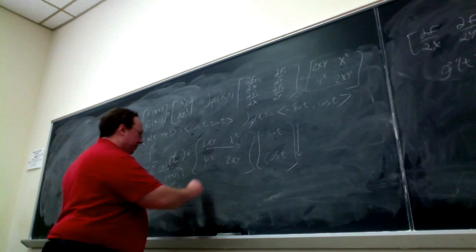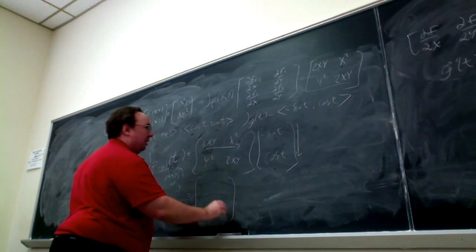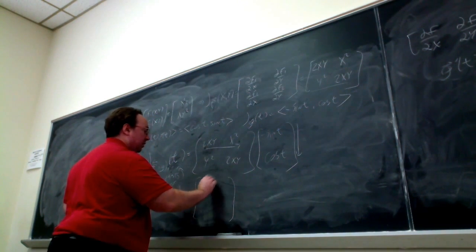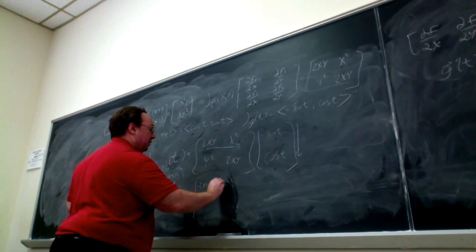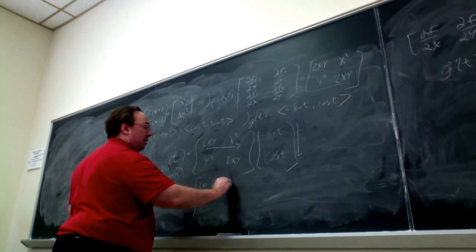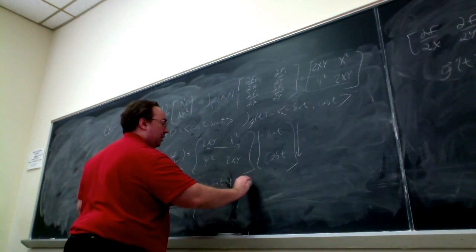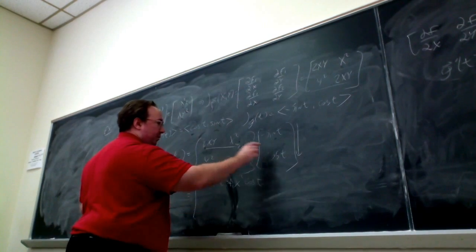So what would that give you? Negative 2xy sine t plus x squared cosine t. Yeah. All right. That's the first one.